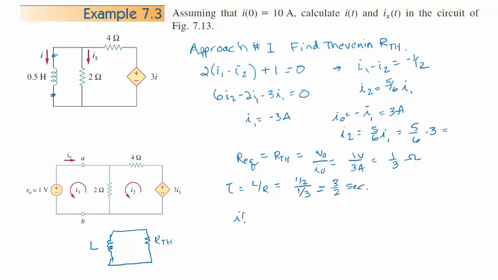I as a function of t equals I at 0 times e to the minus t over tau, which is I at time 0 times e to the minus t over 3/2. And we were given I0 at the beginning, so it's 10 e to the minus 2t over 3 amps.